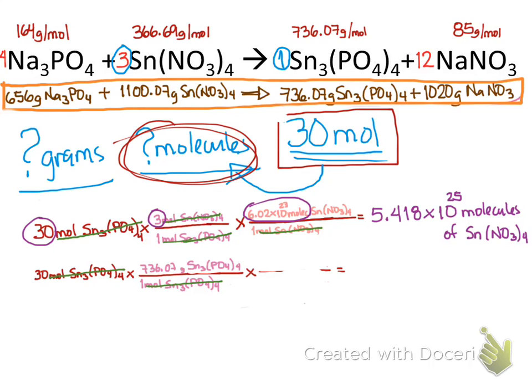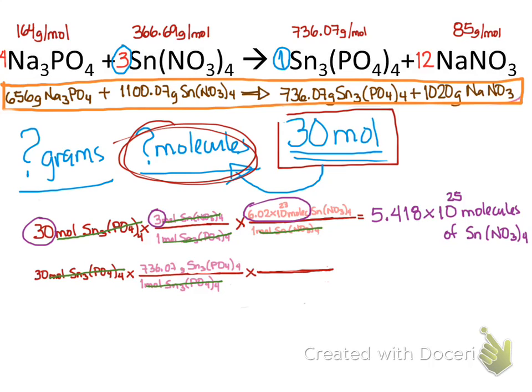Okay, what will you do here? We put grams here. I have grams of tin phosphate. I need to transform them into grams of tin nitrate, so we want grams now.